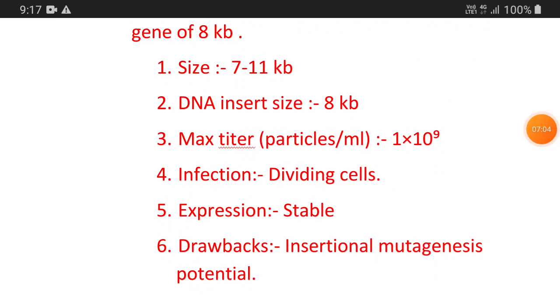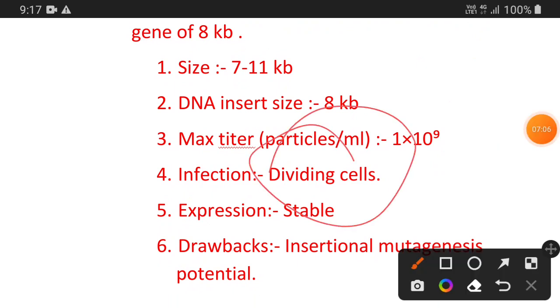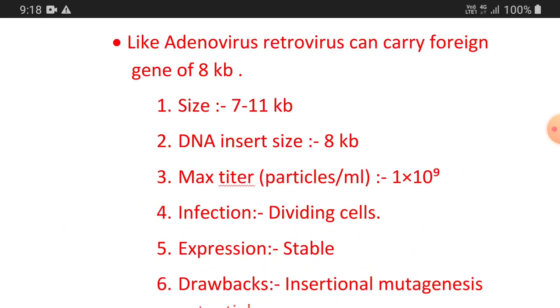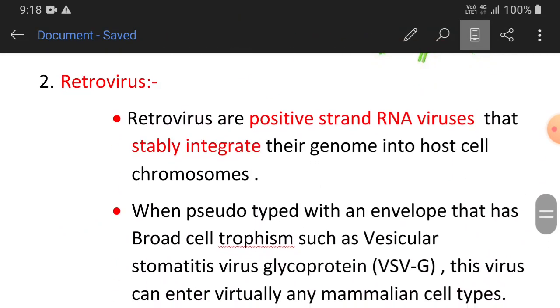It is a disadvantage that it can only transfect dividing cells, and expression is stable, which is an advantage, solving the problem we faced with the adenovirus vector. The drawbacks are the potential induction of insertional mutagenesis and, along with it, the activation of latent disease. So that was the concept of the retroviral based vector.